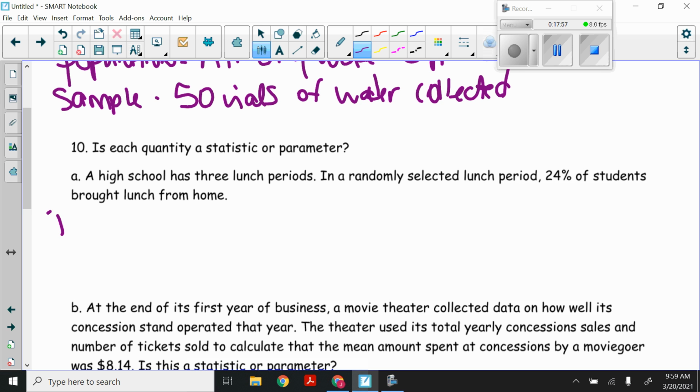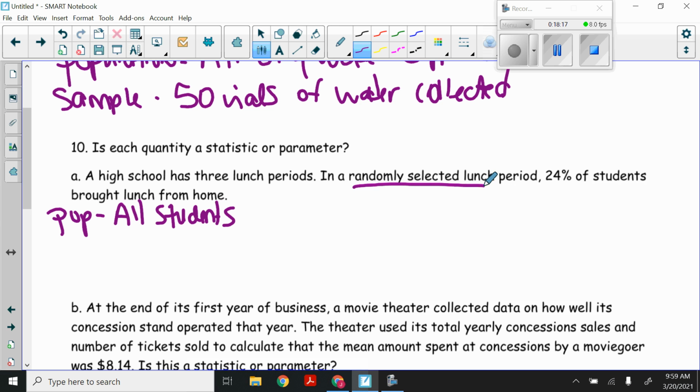So first, let's talk about what is the population. The population is all students, right? Did they survey all students? No. Randomly selected lunch period, okay? They have 3 lunch periods, so they only took 1 lunch period.